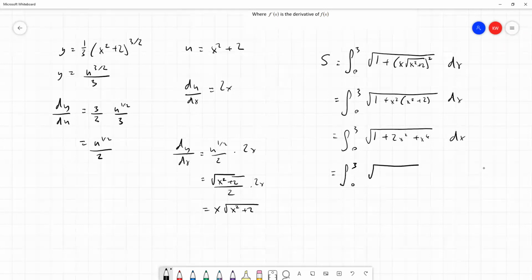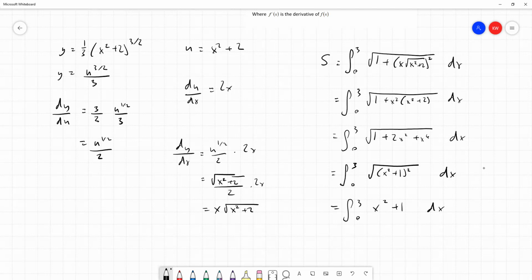If we recognize that 1 plus 2x squared plus x to the 4 is the same as x squared plus 1 all squared, then our next line of the square root of a squared bracket is going to give us the integral between 3 and 0 of x squared plus 1 dx.